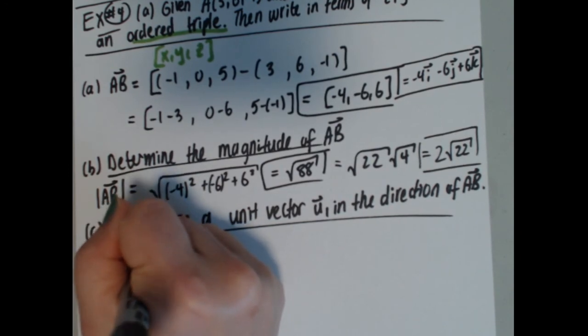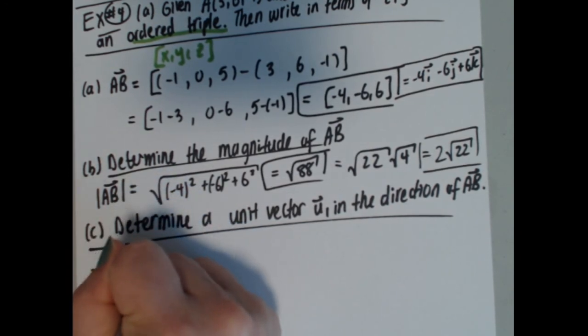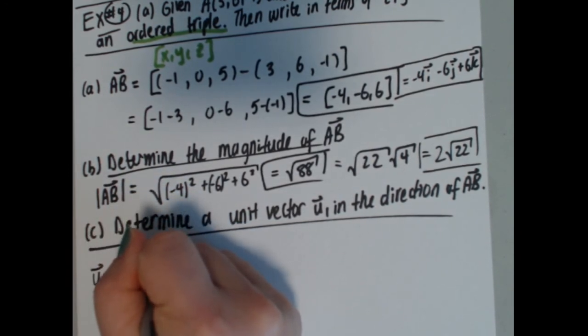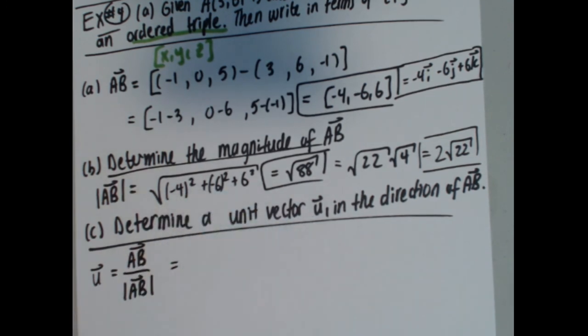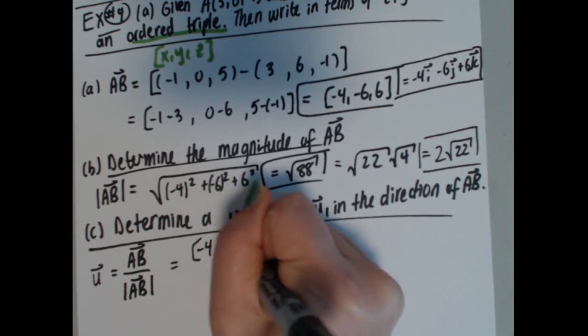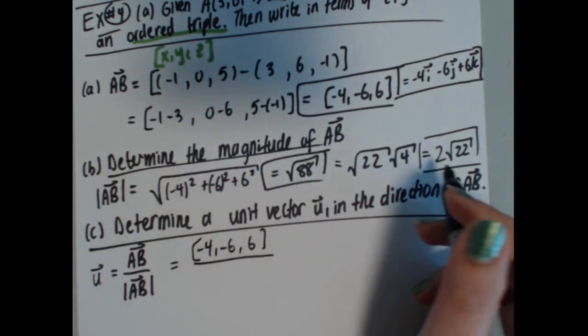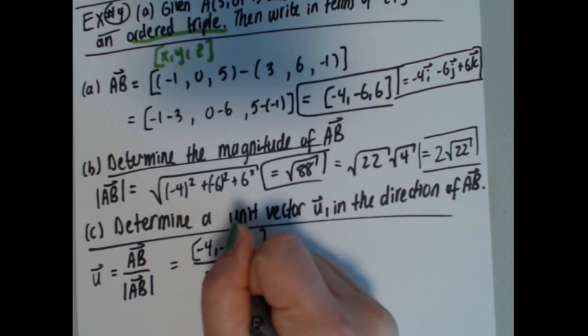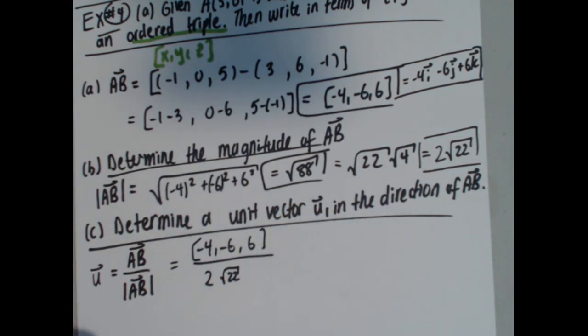So I take the vector AB and I divide by how big it is, so that's by its magnitude. AB is the vector -4, -6, comma 6, and I'm dividing that by 2 root 22. Now I don't want to leave it like that. I want to write it a bit nicer.